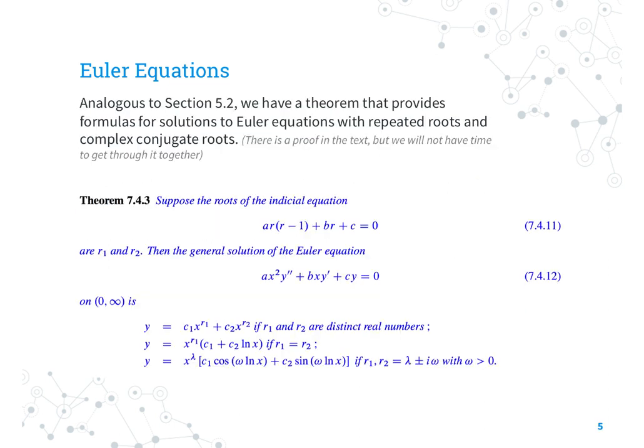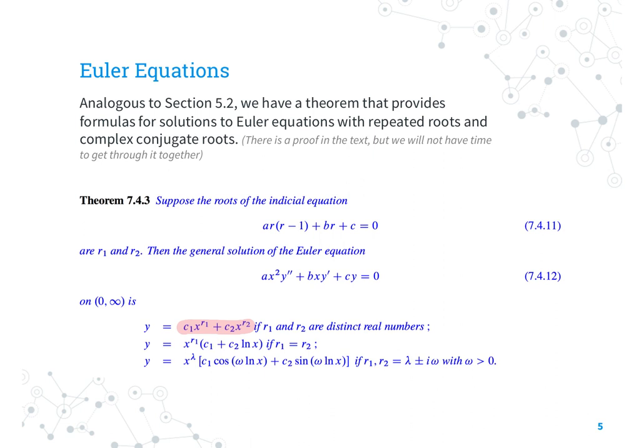So again, analogous to section 5.2, we have a theorem that provides formulas to solutions for Euler equations with repeated roots and complex conjugate roots. And there are proofs in the text, but we won't have time necessarily to go through those together. So if we suppose the roots of the indicial equation are R1 and R2, then if R1 and R2 are distinct, which is what we were just discussing, we have C1 x to the R1 plus C2 x to the R2.